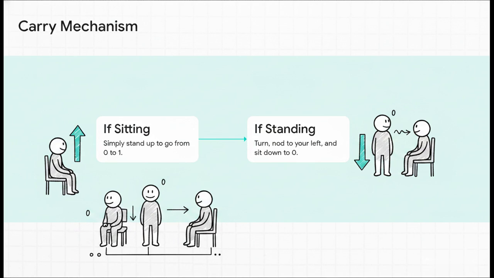But if you're already standing up, meaning your bit is maxed out at 1, you have to turn, nod to the person on your left, and sit back down to 0. That physical nod, that is the carry signal. The person who receives that nod then follows the exact same rules. This whole cascade of standing, nodding, and sitting mimics exactly how binary logic gates process addition, and we didn't even have to do any complex math to understand it.